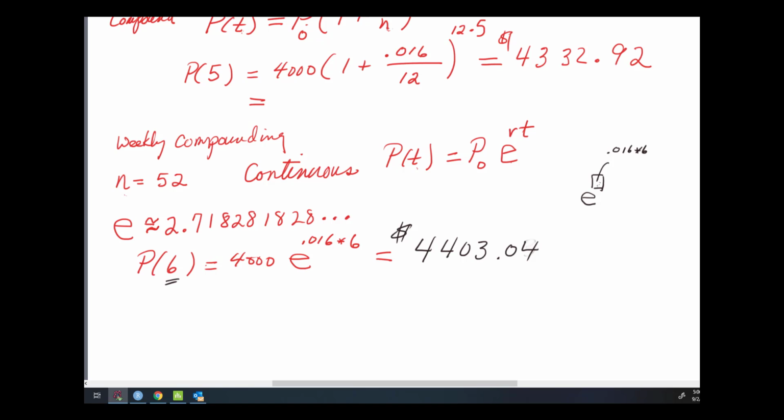Let me see what else we want to say about this. It's not always the case. It's a little bit hard to think about how money is compounded continuously, except through a mathematical formula, because we think of money, if we're compounding it, as being at some point in time we add the interest to your principal.